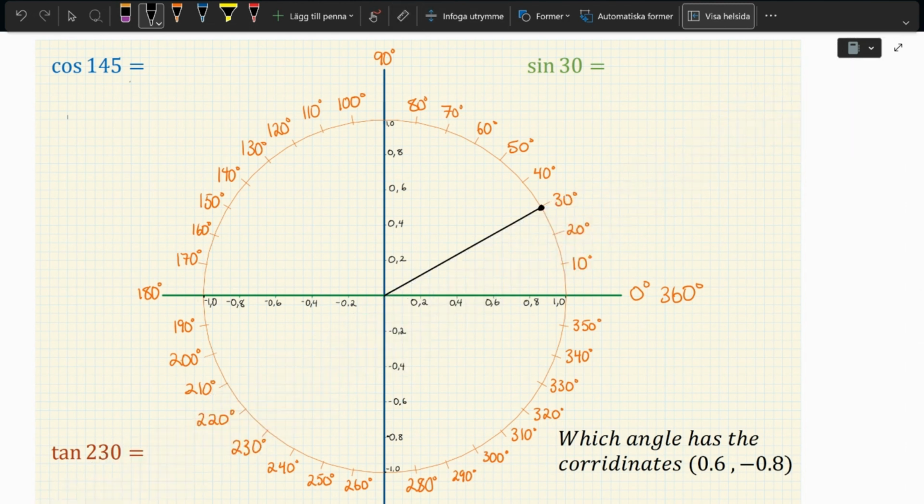And we can determine the sine of this by imagining that we have an xy coordinate. So we can say the x coordinate will be, if we look along the x-axis, something about here. So maybe we can say roughly 0.9.